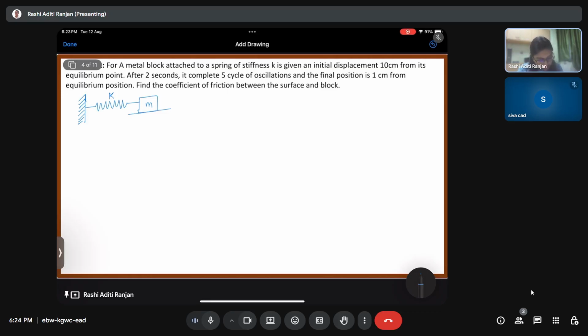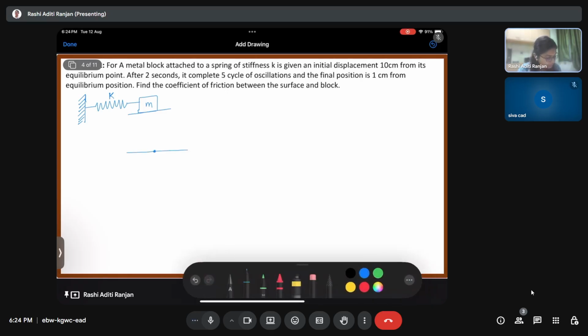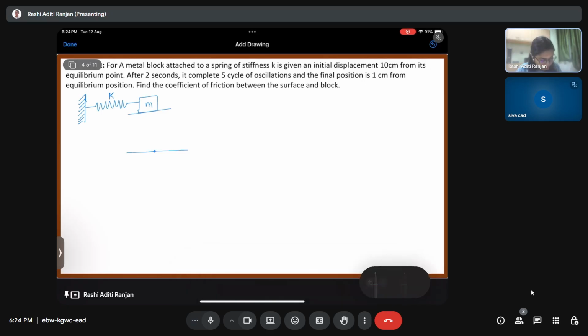Now, initial displacement of 10 centimeters. So let us say this is our equilibrium point, and then the initial condition is 10 centimeter from the equilibrium state. Now it is saying that it completes 5 oscillations.